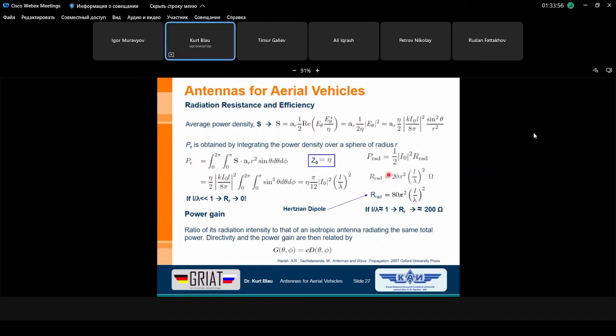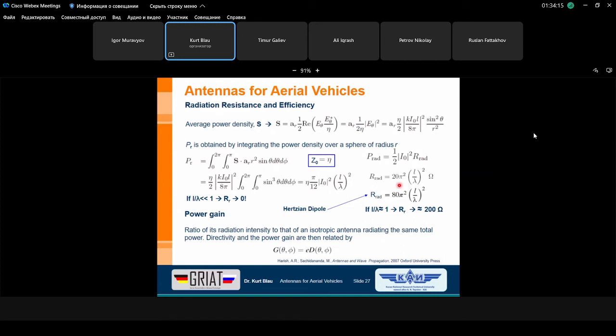And here I can show you the exact value. All the time I said this is what we have discussed. It's coming from the Hertzian dipole, but in the literature you can find two different values.